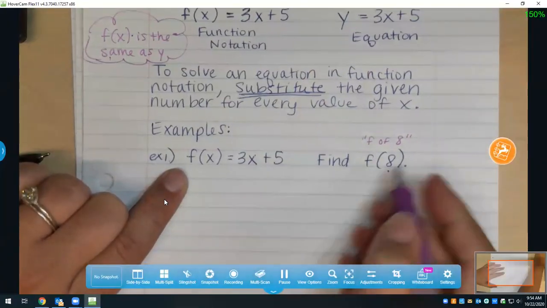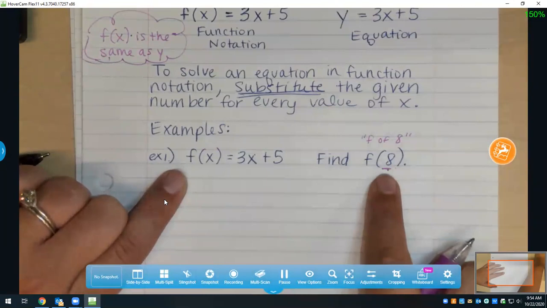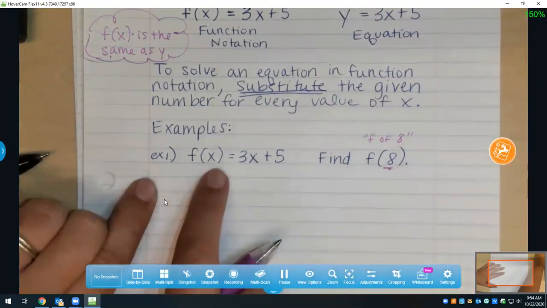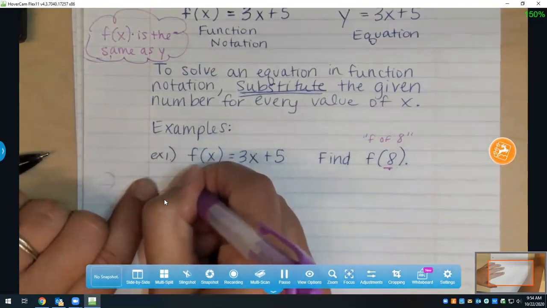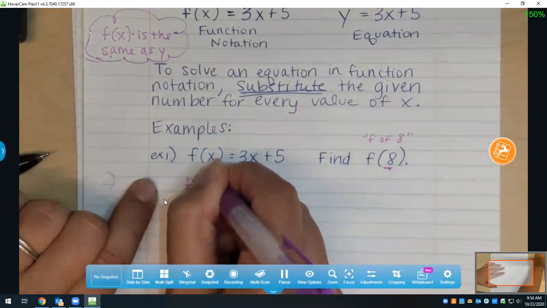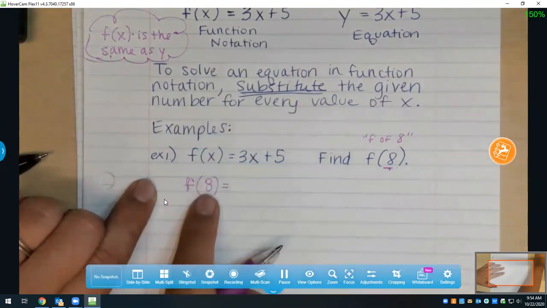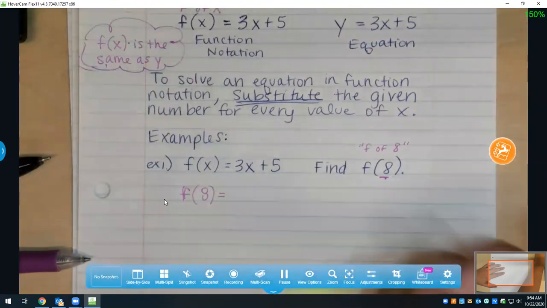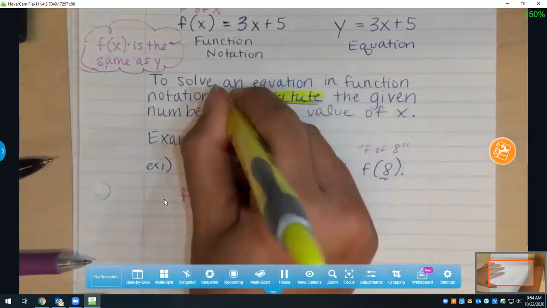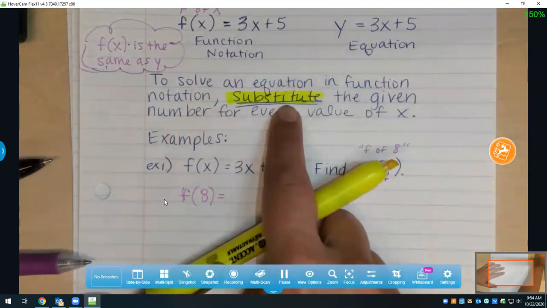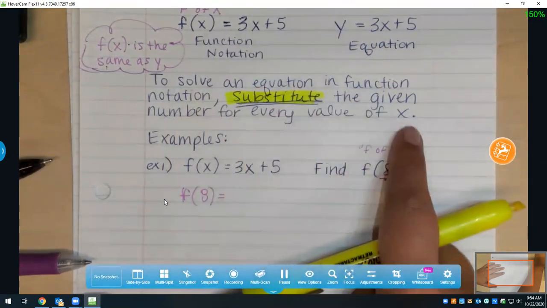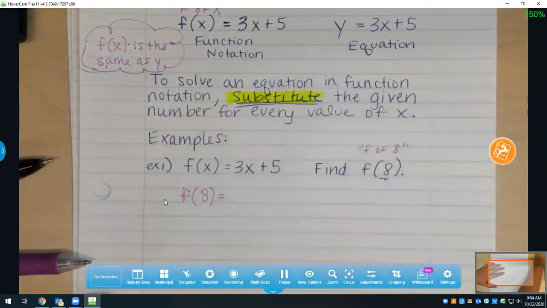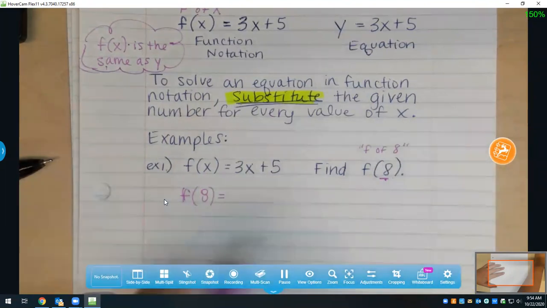So for this guy, instead of having f of x, I'm going to take that 8, and I'm going to substitute it everywhere I have an x. So for every value of x, I'm going to replace the x with an 8.